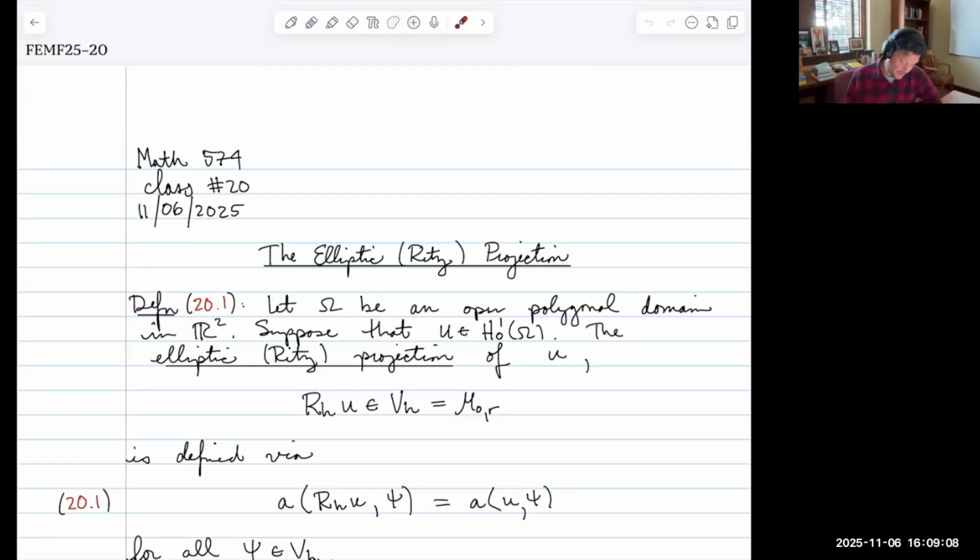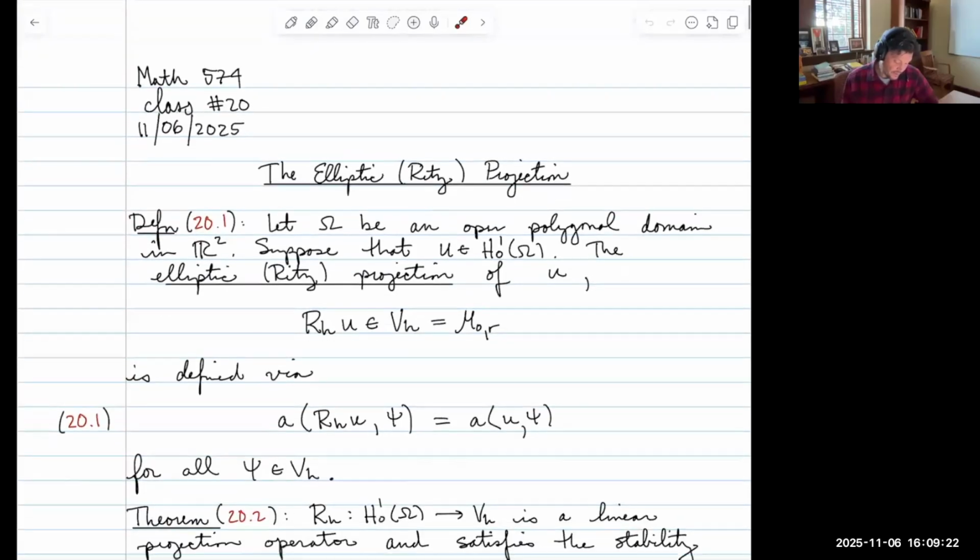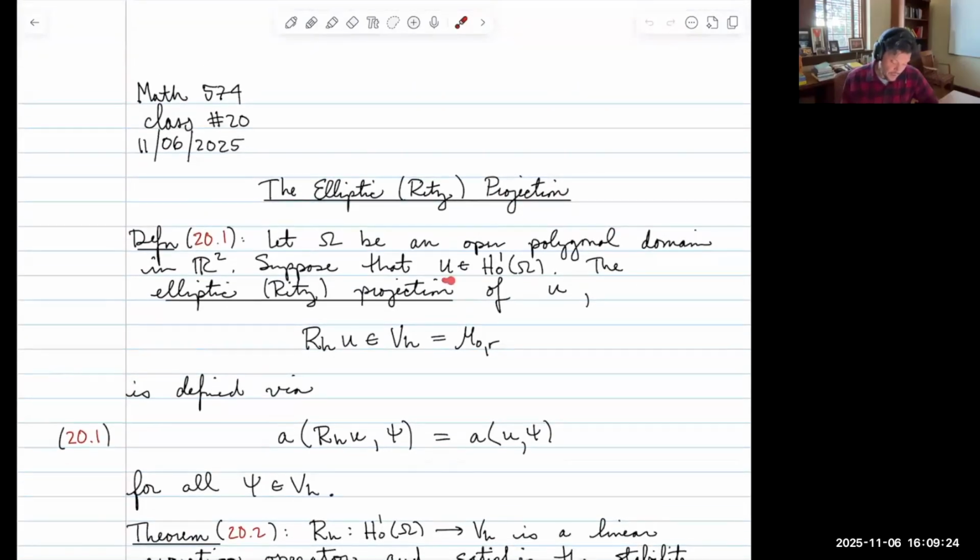So what's the Ritz projection? Let Omega be an open polygonal domain in R2. We don't have to stick to R2; we can operate in Rd, so this is not a huge restriction for us. Suppose that u in H01 is a given function.